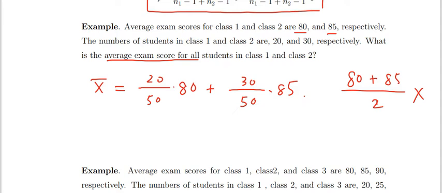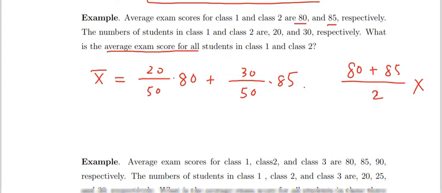This is a very simple and very typical example. Average in class 1 is this, average in class 2 is this. So what is the average for these two classes? We should consider the students' number, right? We should weight it on them.